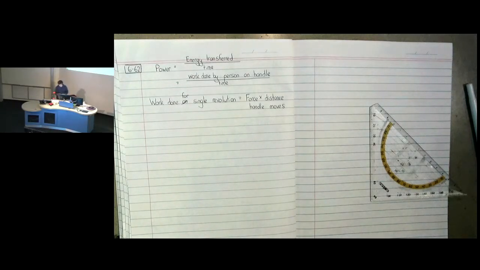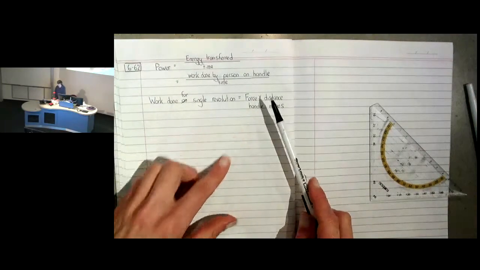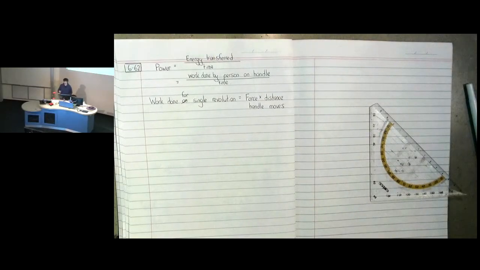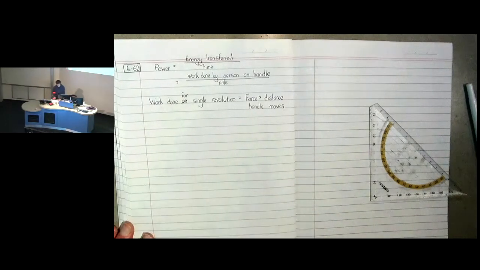And that's kind of handy because we know then that all the force is directed in the same direction as the motion. So all the force goes into doing work. None of the force applied by this person is wasted.